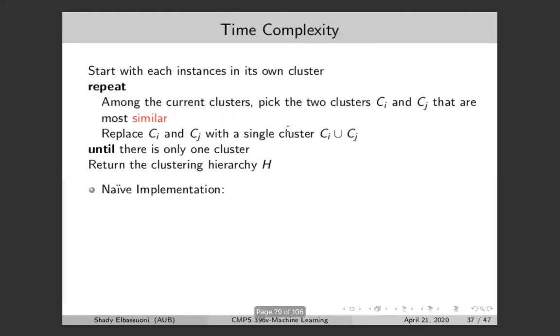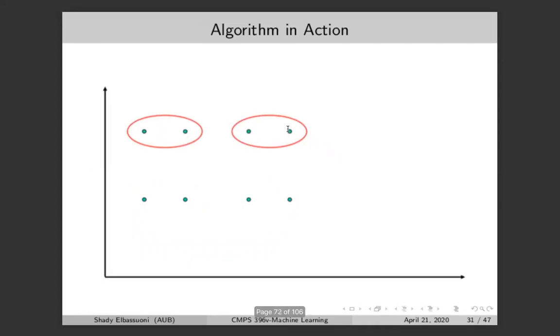In other words, I have these 4 clusters or 3 clusters. I'll measure the similarity between this and this, this and this, and this and this, and then pick the maximum similarity. It will happen to be this and this. These are the closest 2 points, so they have the maximum similarity.